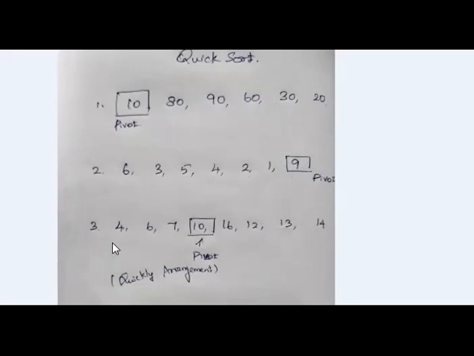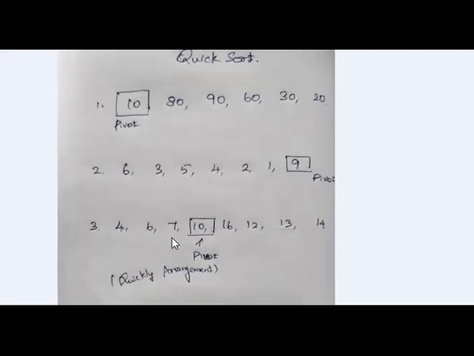For the third group of elements, we pick 10 as the pivot because it is the middle value. The elements on the left side are smaller than this pivot, and the elements on the right side are greater than this pivot.